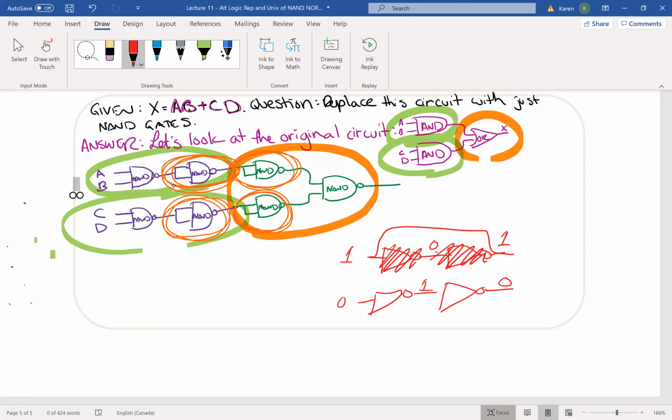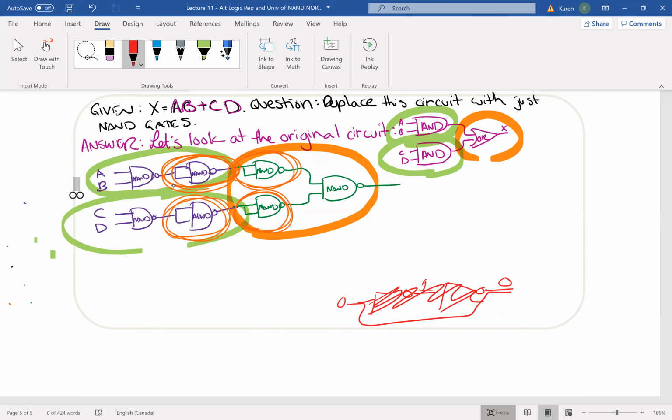So do I really need those 2 inverters? No. What if I just had the 0 connected to the 0 and I got rid of both of those? So what I'm trying to say is they essentially cancel themselves out. So anything that looks like this is an inverter. So these two essentially cancel themselves out. These two essentially cancel themselves out.